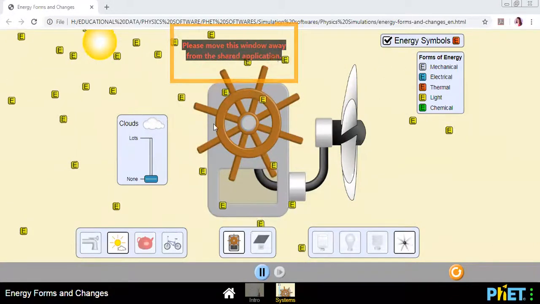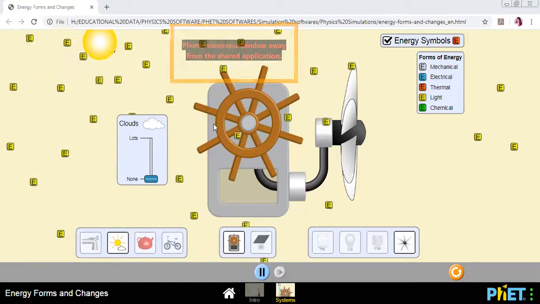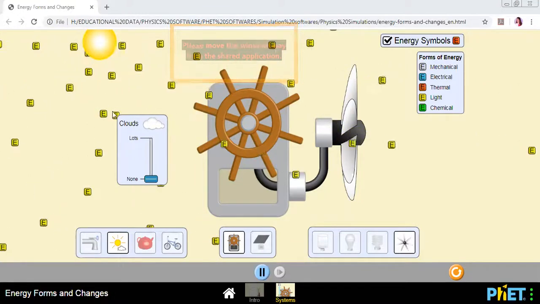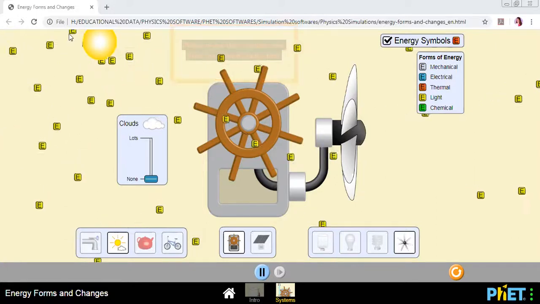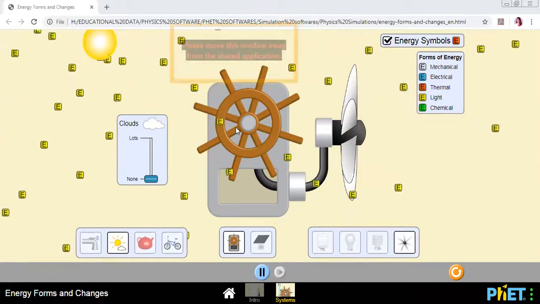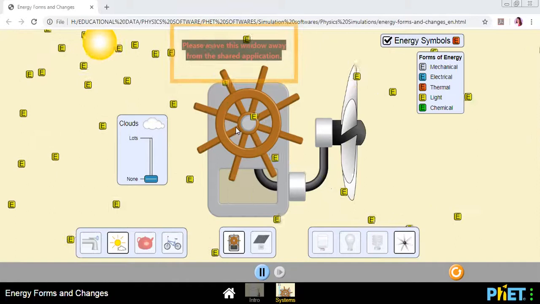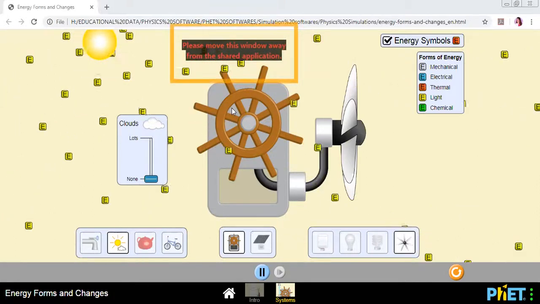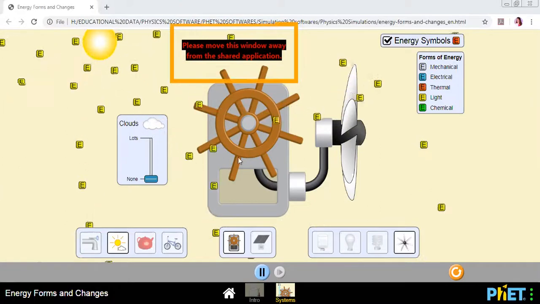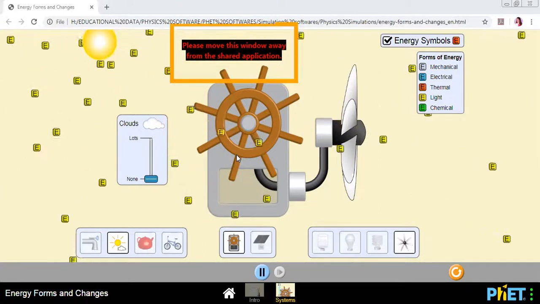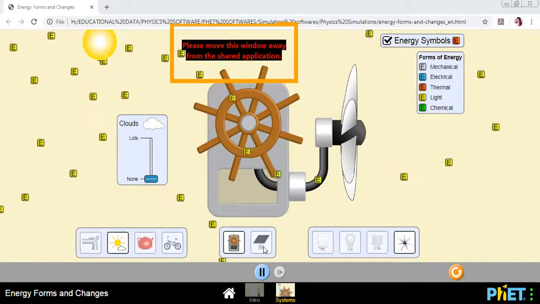So this system is not a working conversion system. So what do we have to do? We have to use a medium through which light energy gets converted into electrical energy. I cannot use turbines here to convert light energy into electrical energy. Instead, I have to use solar cells, solar panels.